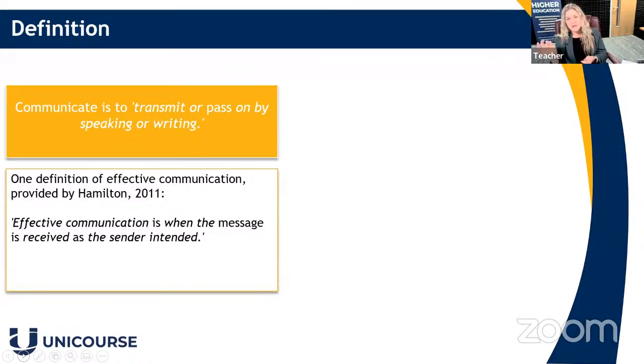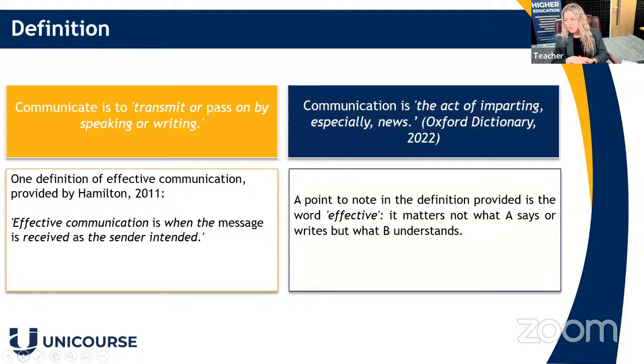You've got the receiver, and the communicator or the sender, and that information that's intended to get across does so effectively. There's also another definition, which is that to communicate is to transmit or pass on by speaking or writing, which is a lot more basic. The Oxford Dictionary defines it as the act of imparting, especially news.